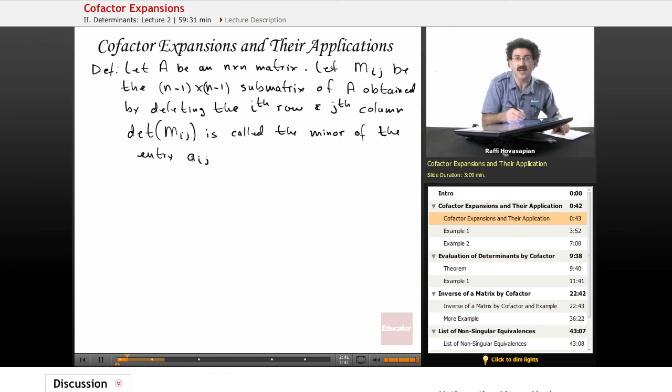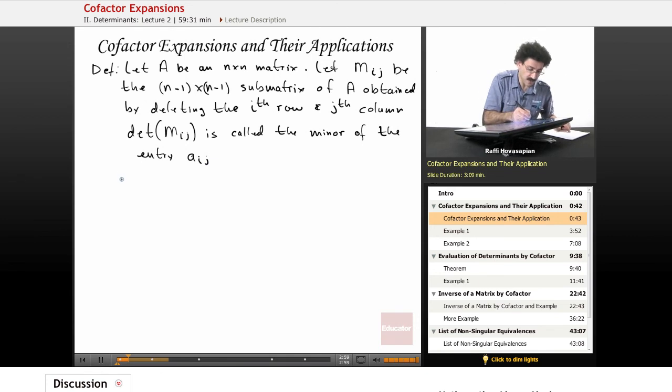So for example, if we had A sub 3, 2, we would knock out that row and that column. We would take the determinant of what was left over, and that's called the minor of that particular entry. And again, we'll do an example and it'll make more sense.